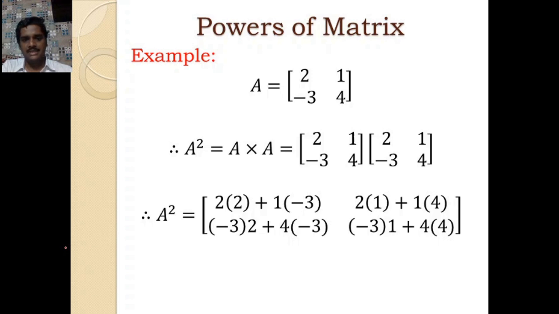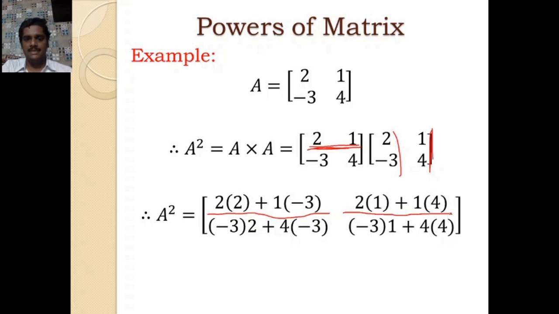To get the first element of this A square, I have to multiply first row by first column. So here is your first row multiplying with first column. To get the element present in first row, second column, I have to multiply first row with second column.